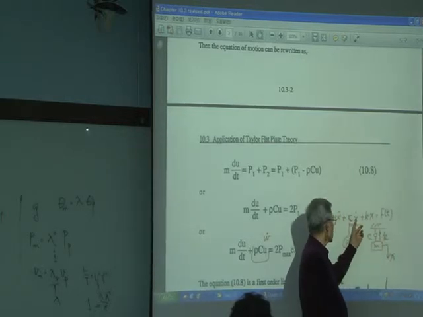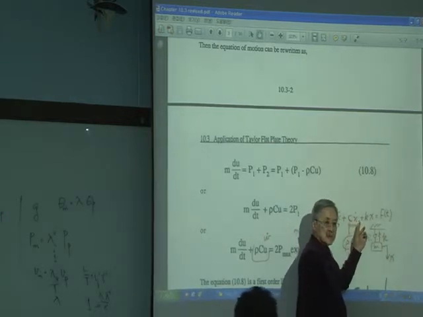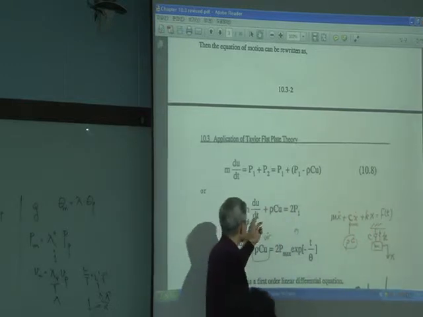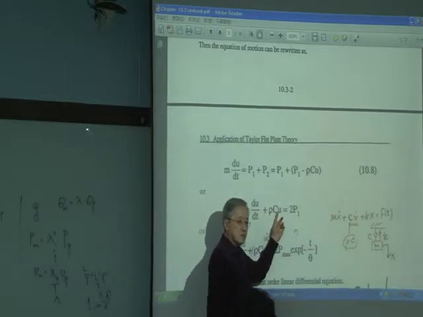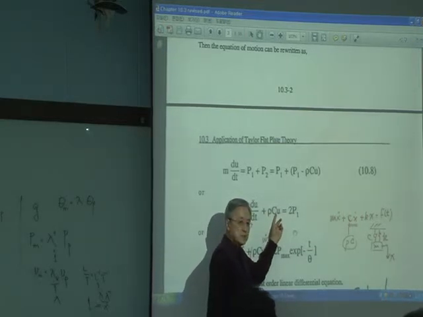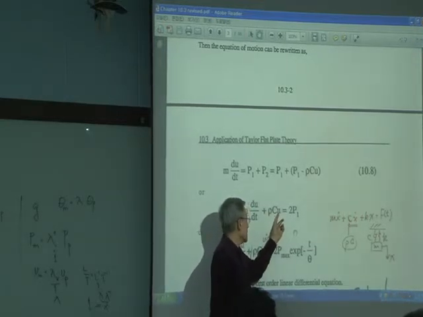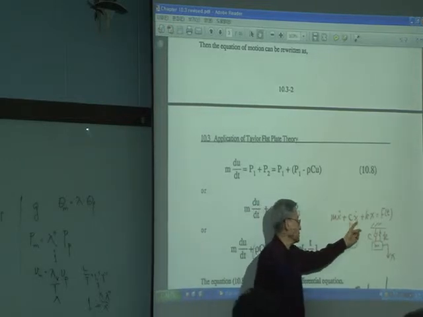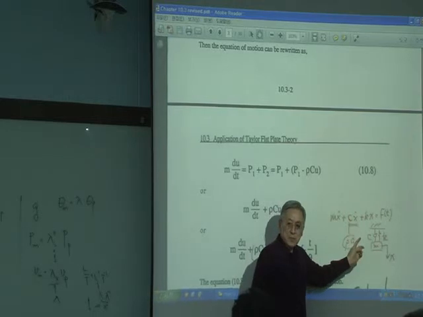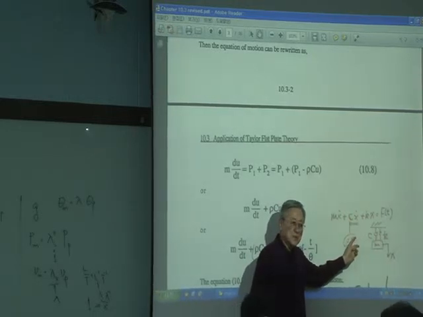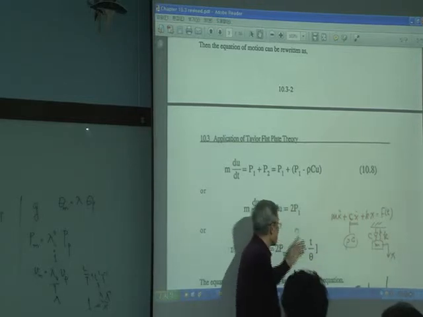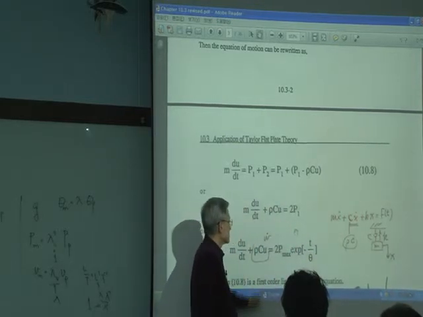And Cx dot is a damping term, a damping force. If you look at this, rho C, the impedance of the water, times U is identical in form. So rho C is acting as a damper, it's a cushion.